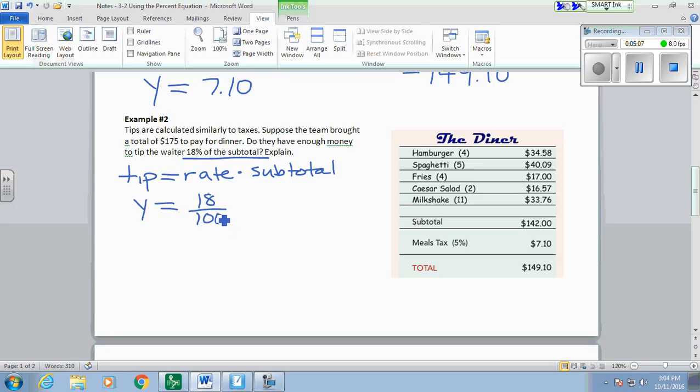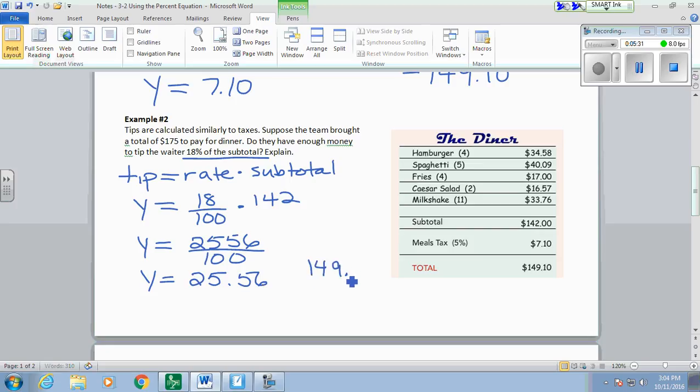That gives us 18/100. The subtotal is 142. Again, I can't do any cross-canceling or anything like that, so I'm going to multiply 18 times 142 to get me 2,556. And when I divide that by 100, you're just moving the decimal place over 2 places to get $25.56. So, if the total is $149.10, the tip that we want to leave is $25.56.